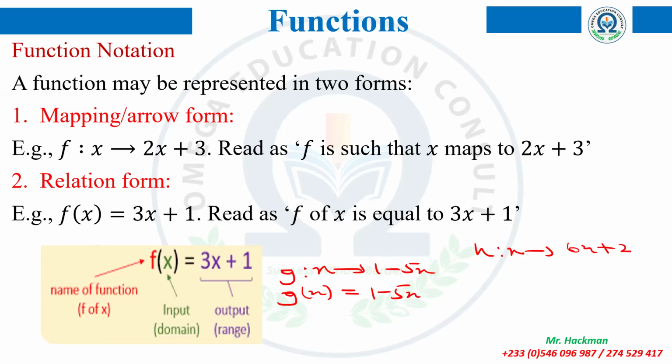What will be the relation form? How would you write it? h of x equal to 6x plus 2. Very good. Well done. So it means in the same way, if the function comes in this form, you should be able to go back. All correct?